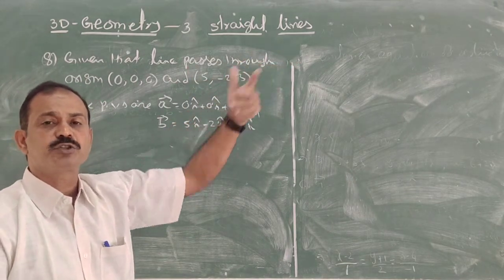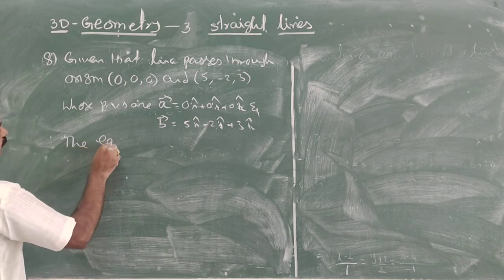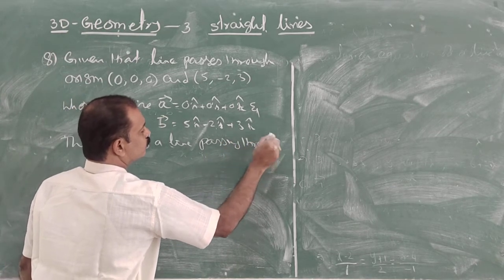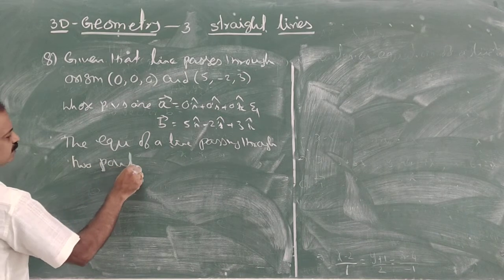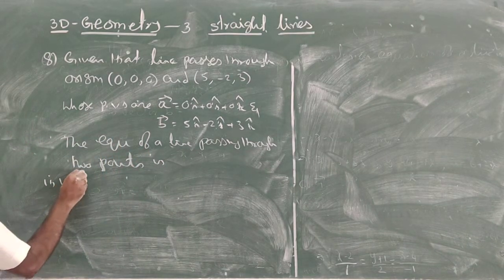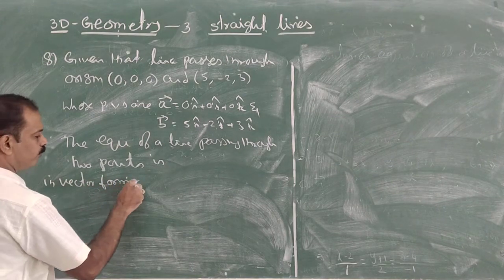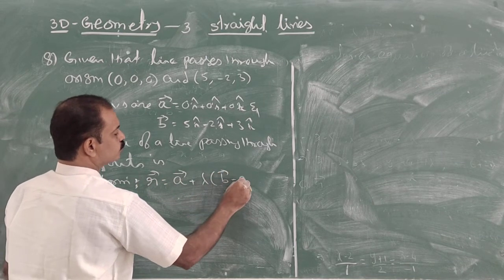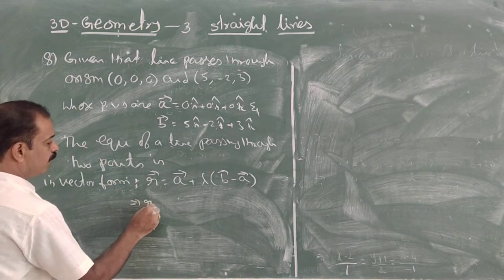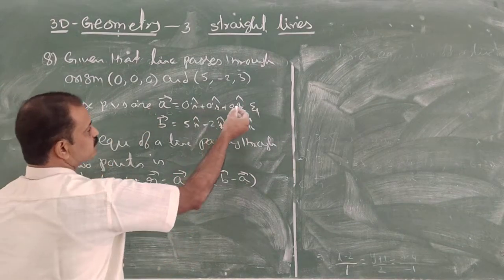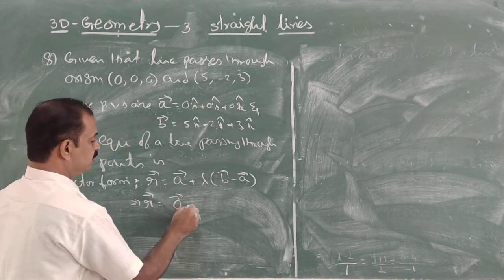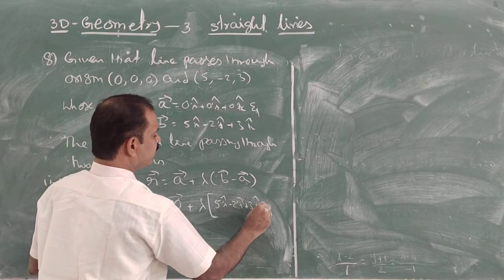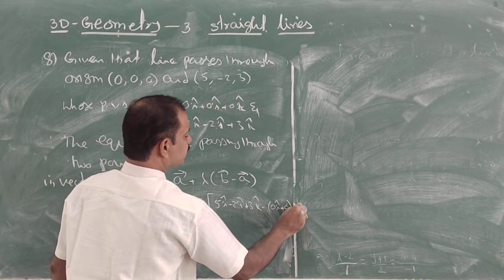Then what is the equation of a line passing through two points? The equation of a line passing through 2 points, first one in vector form, is r is equal to a plus lambda into b minus a, which implies r is equal to a is nothing but the 0 vector, the origin, plus lambda into b minus a, 5i minus 2j plus 3k minus of 0i 0j 0k.